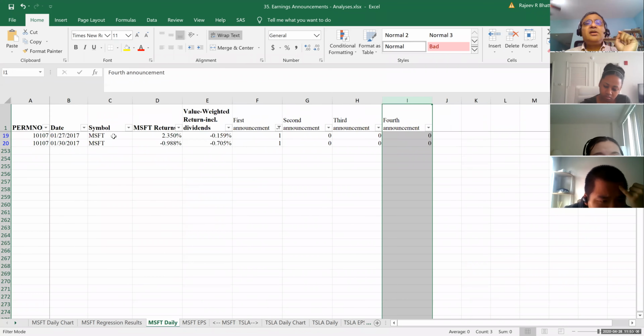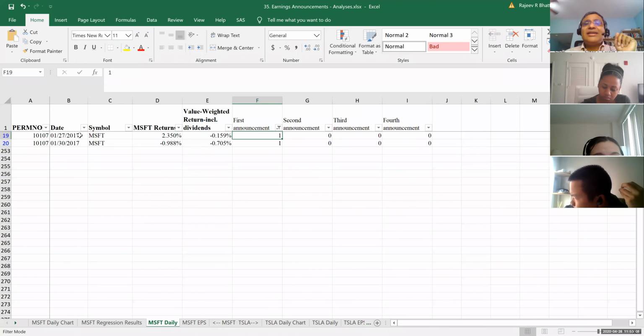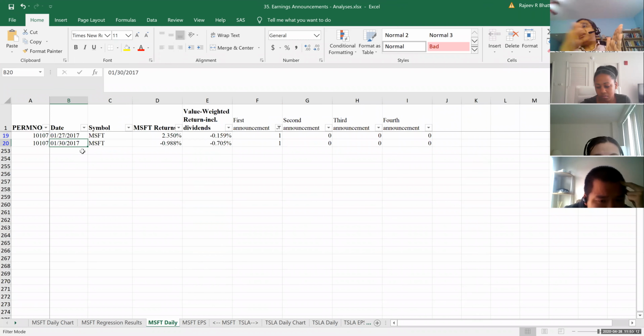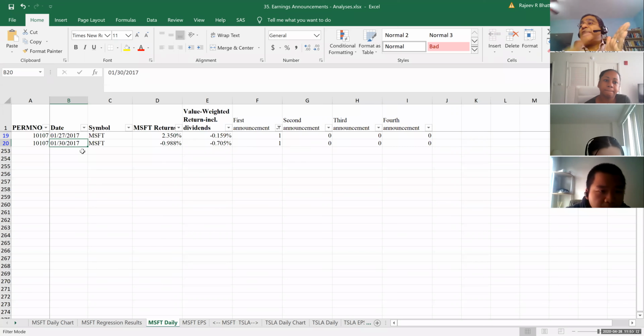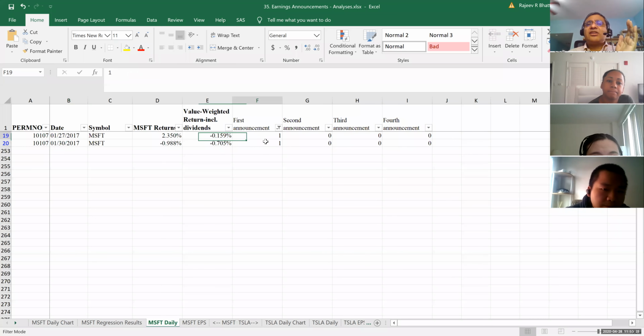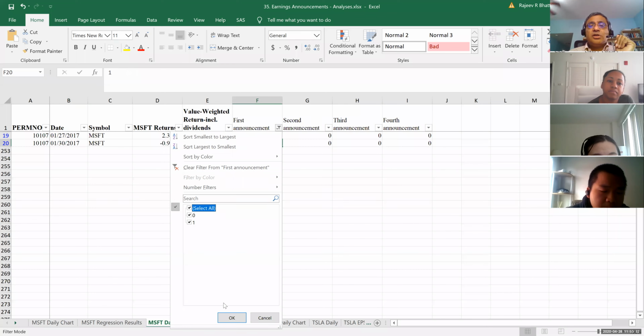So we put in a 1 for the day of the effective date and one more day. We take it as a given that it takes the day of the announcement and the following day for any unexpected component of the announcement to be baked into the security. So we put in dummy variables for the effective day and for the next day. That's for the first announcement.